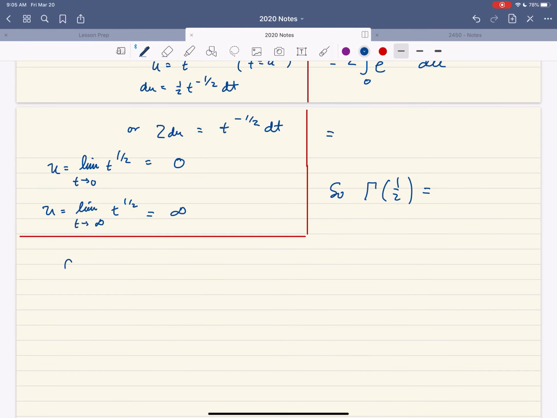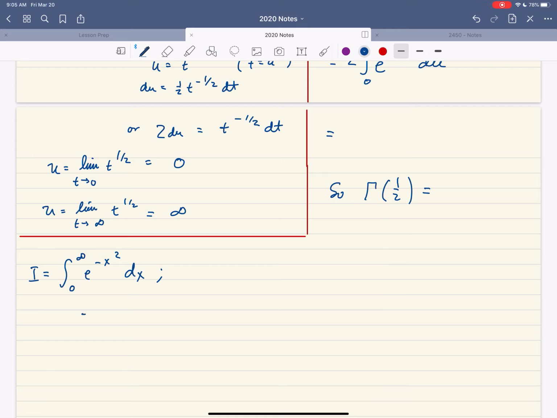But we really need to wrestle with the integral from 0 to infinity, e to the negative u squared du. So I'm going to call this integral I. And actually, I'm going to change my u's to x's, because it doesn't matter. x or u is just a dummy variable, but this will give us a little bit of geometric intuition here.